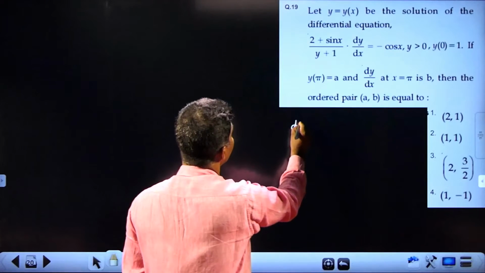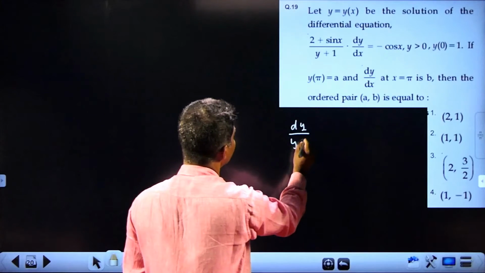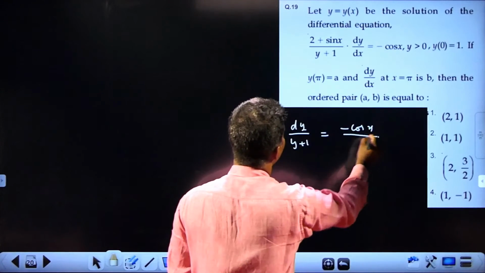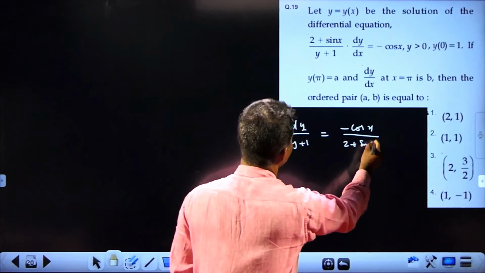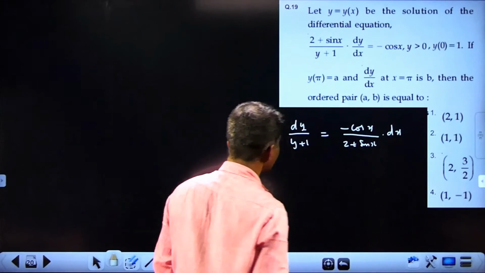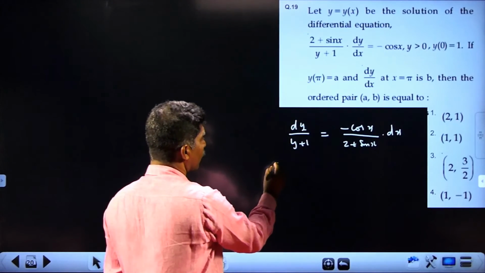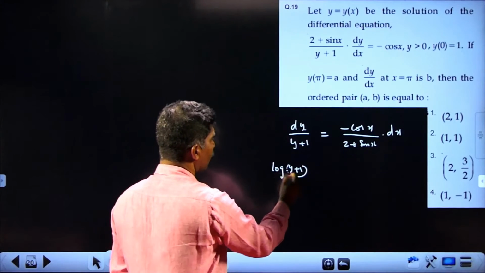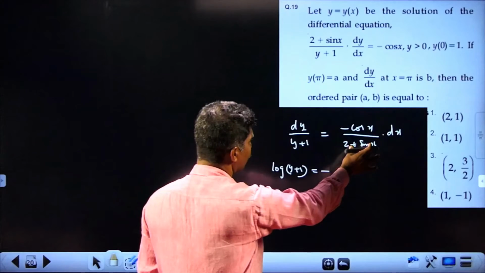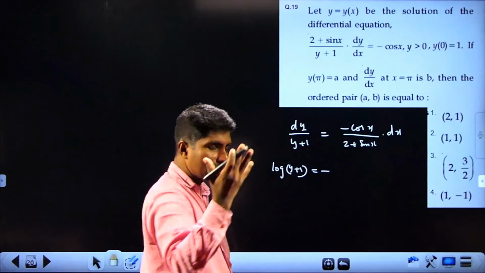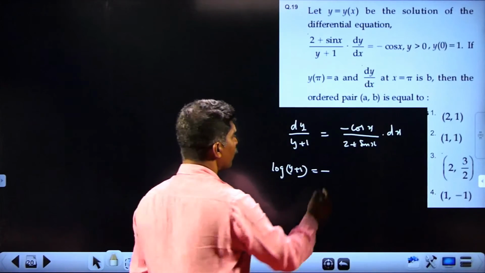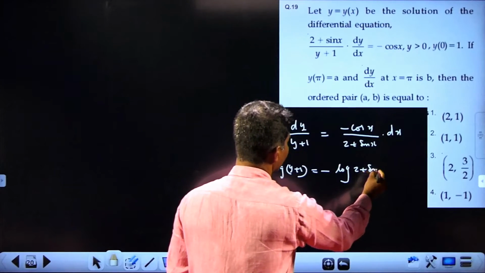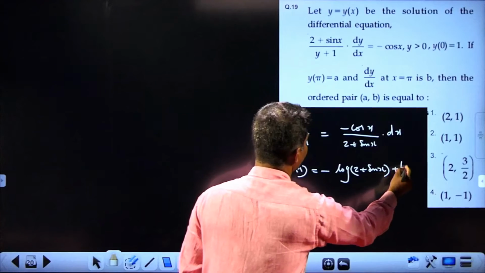We will be getting dy divided by y plus 1 is equal to negative cos x divided by 2 plus sin x into dx. Here integral is log of y plus 1. Log of y plus 1 is equal to derivative of denominator is numerator, f dash of x divided by f of x. So, negative of log of 2 plus sin x plus log c.